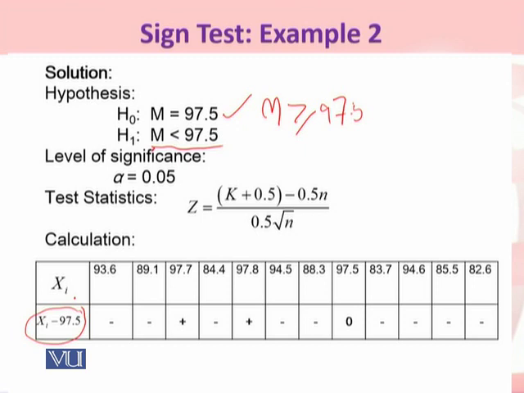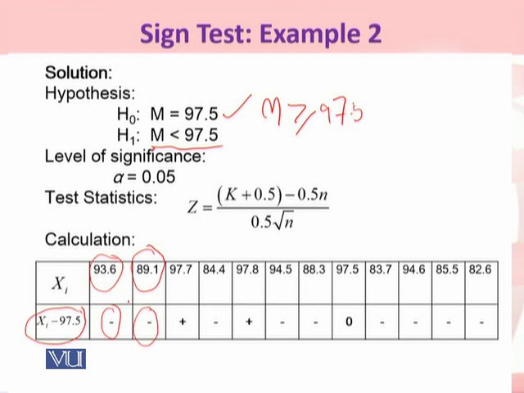As you can see, 93.6 is less than 97.5, so whenever we subtract 93.6 from 97.5, that gives us a negative value. Similarly, the 89.1 observation is also less than the median 97.5, so again we get a negative sign.